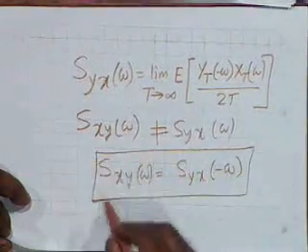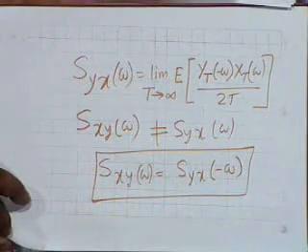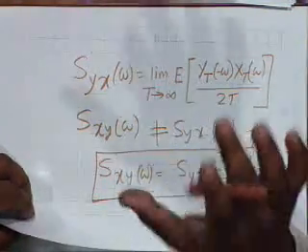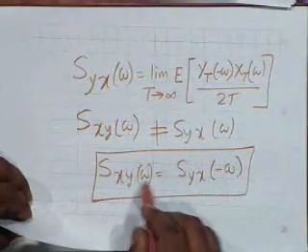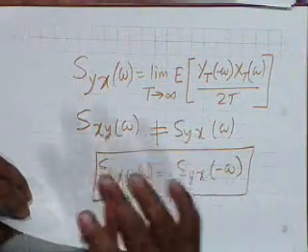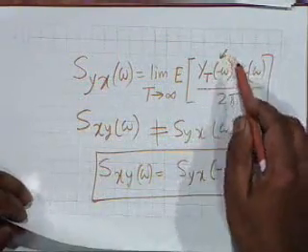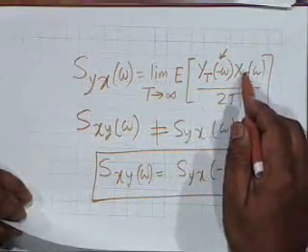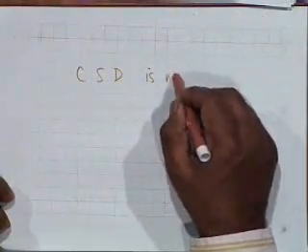The functions are real, that is, small y and small x, these random processes are real. But the spectral densities, the cross spectral densities, are not necessarily real. Why not? Because this is a complex conjugate of something else, so the product is not necessarily real. In other words, cross spectral density, CSD, is not necessarily real.